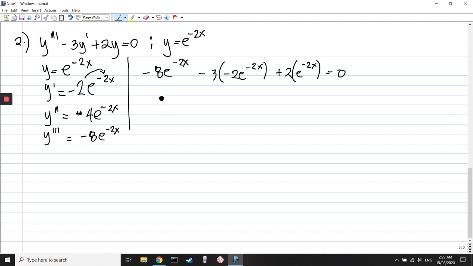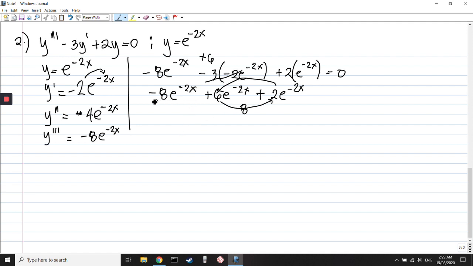So negative 3 times negative 2 is equal to positive 6, then negative 8e raised to the power of negative 2x plus 6e raised to the power of negative 2x plus 2e raised to the power of negative 2x. These coefficients add up to 8 minus 8, which is equal to 0.